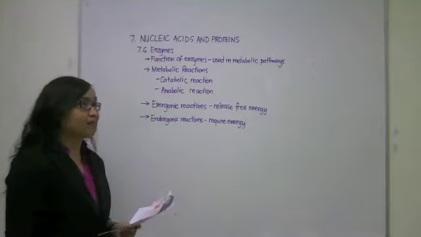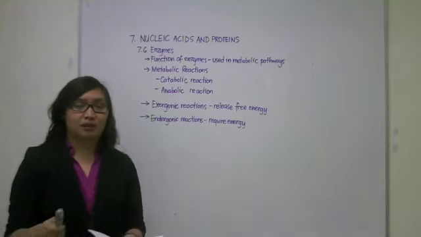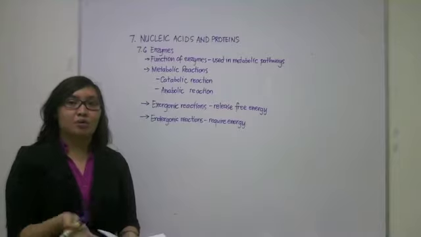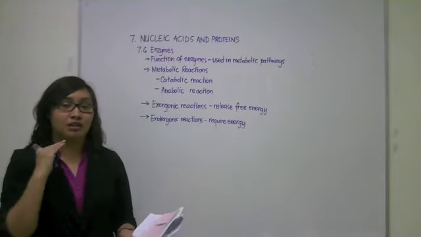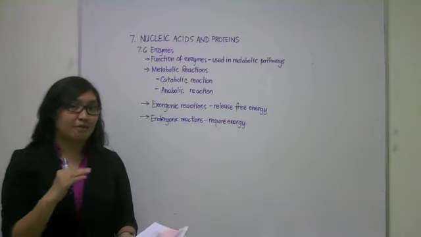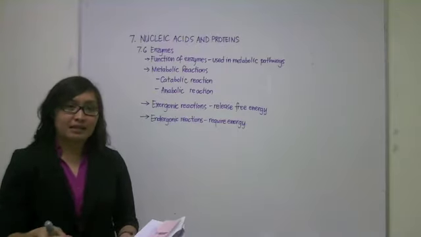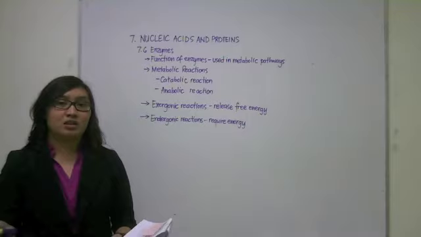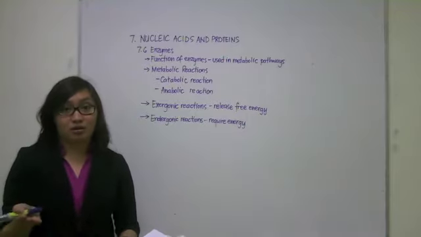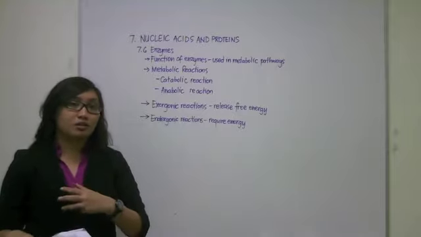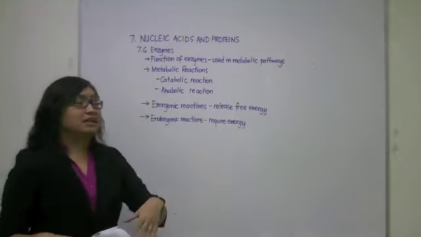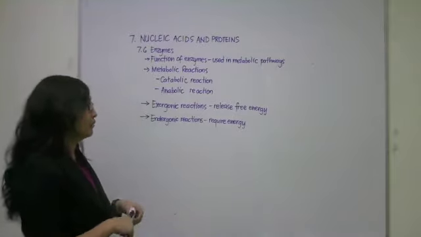An example of that is digestion. Whenever we eat food, it involves the use of digestive enzymes such as amylase. Amylase is an enzyme that facilitates the breakdown of starch into maltose. Basically, starch is a more complex molecule than maltose, so that process is an example of catabolic reaction.